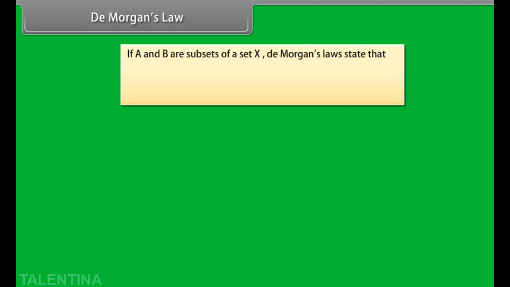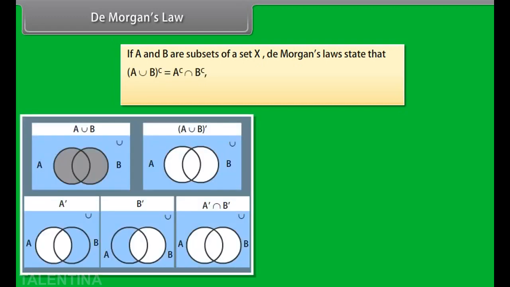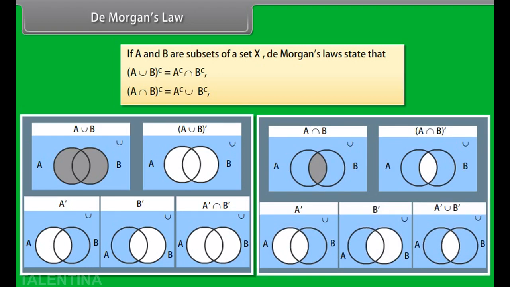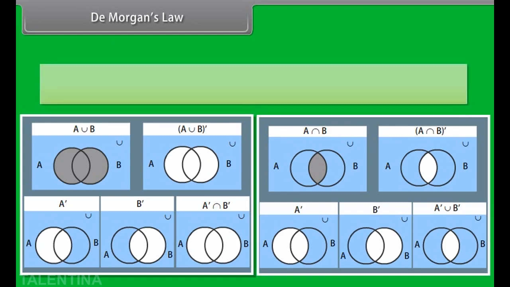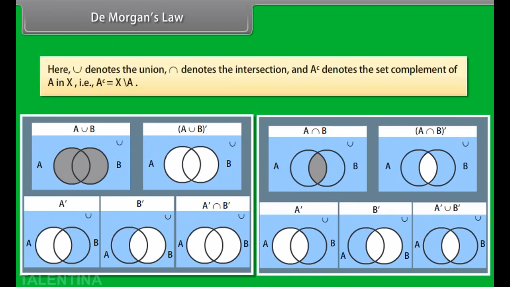If A and B are subsets of a set X, De Morgan's law states that the complement of A ∪ B is equal to the complement of A ∩ the complement of B. The complement of A ∩ B is equal to the complement of A ∪ the complement of B. Here, this denotes the union, this denotes the intersection, and this denotes the set complement of A in X.